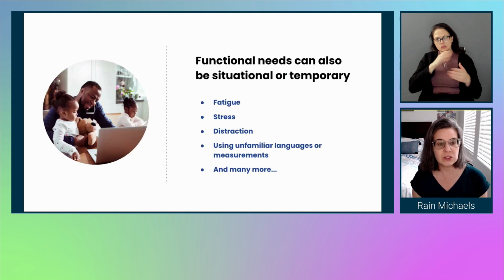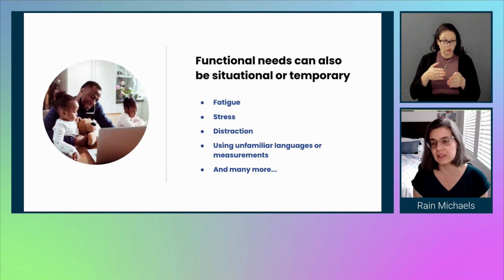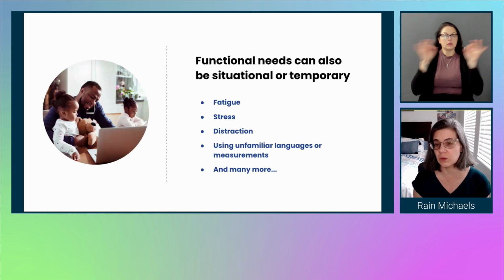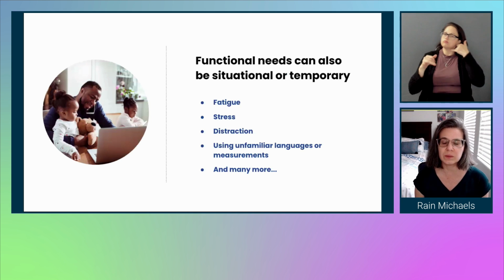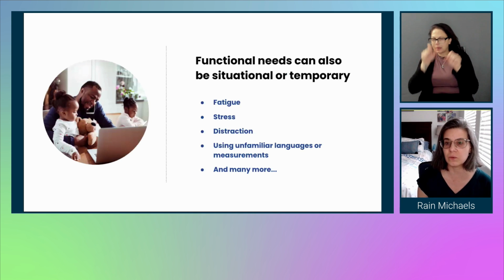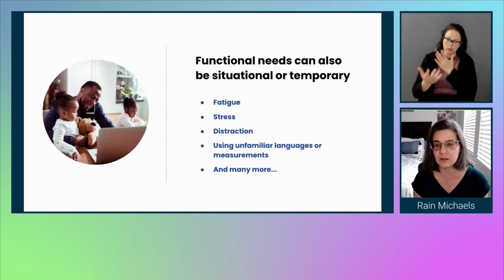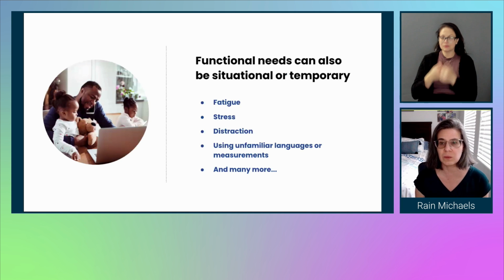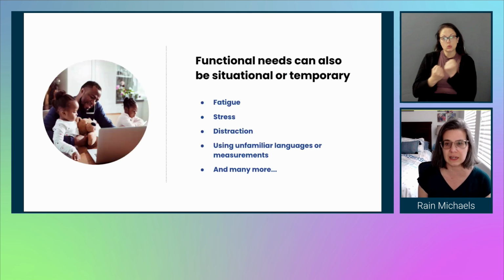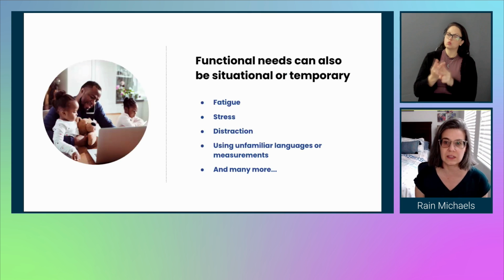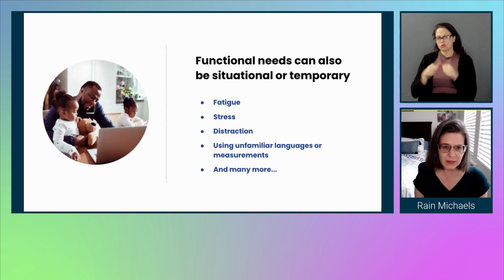So this individual is heavily distracted. His attention has to go in many different places. He's probably not able to really make full use of whatever working memory skills he has at the moment. So this is a situation where he has some serious cognitive barriers and is going to need some supports in order to effectively navigate all of these situations that he's trying to get through right now.